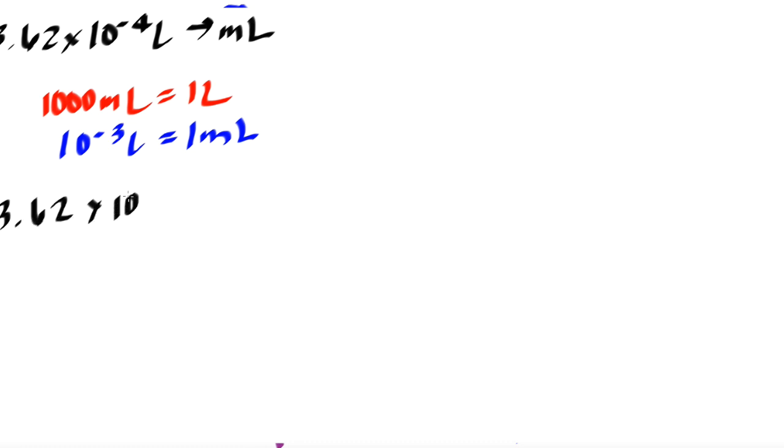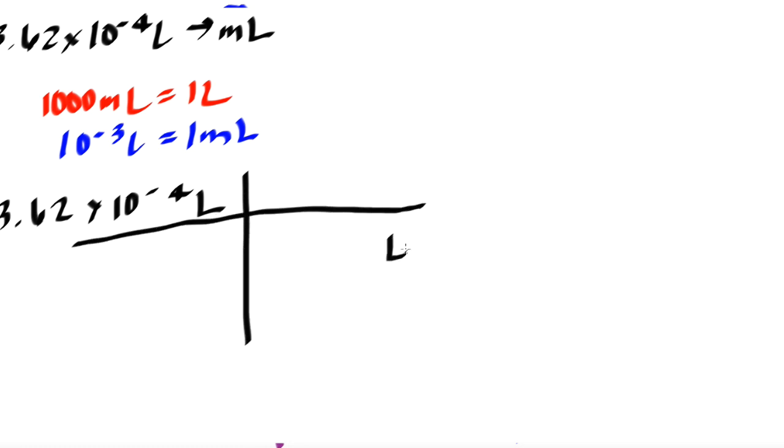3.62 times 10 to the minus 4 liters. Remember, liters is going to go on the bottom, milliliters on the top. 1 goes next to your largest unit, and then milli is 10 to the third, or 1,000. Actually, I'm going to do 1 over 10 to the power 3 because that math is easier, and we can practice our exponents.